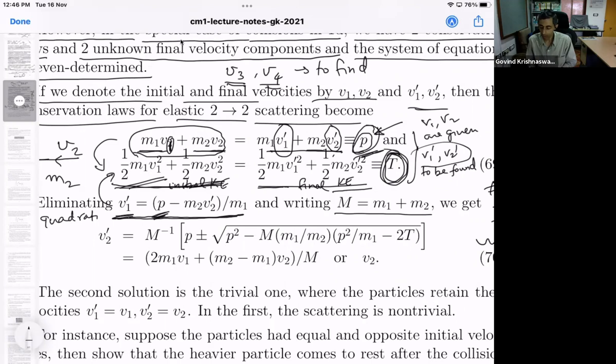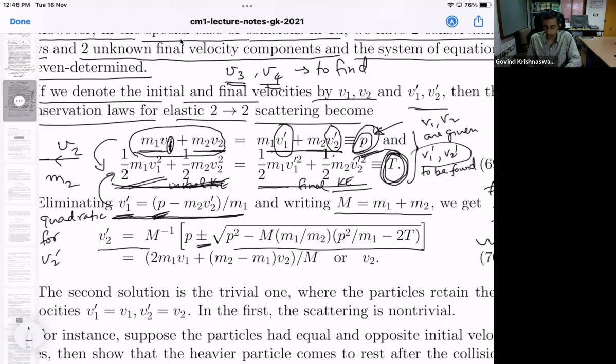After all, kinetic energy is quadratic in velocity, so you get a quadratic for v2 prime, and I have used the quadratic formula to solve for it. I have not written the details here, but it is very instructive to do this. As expected for a quadratic equation, you get two solutions, with a plus or minus sign.